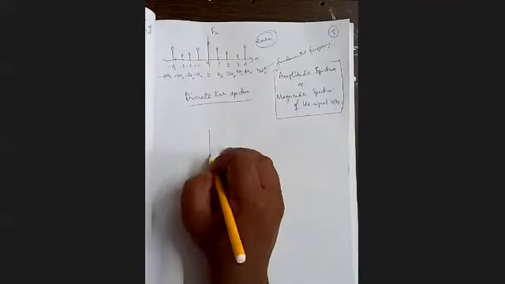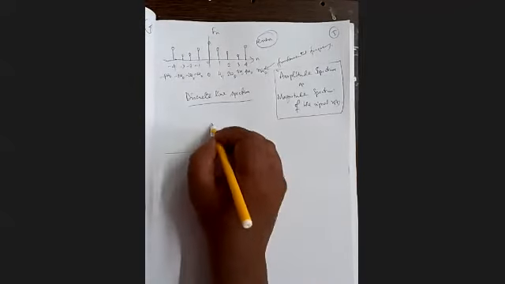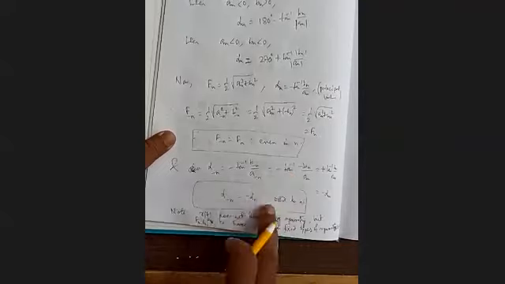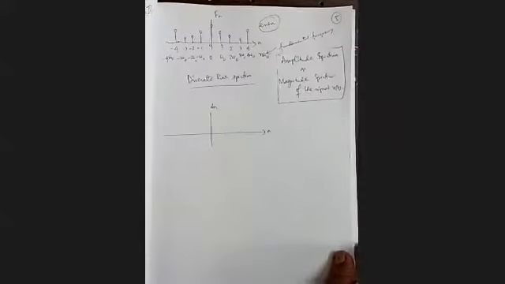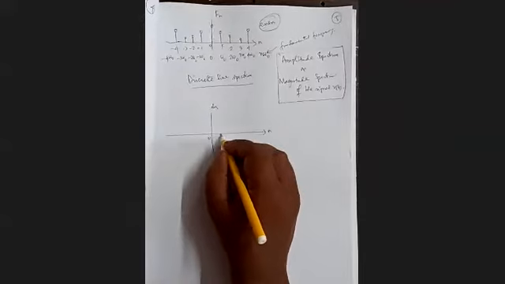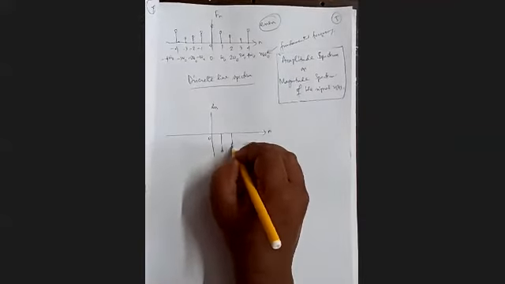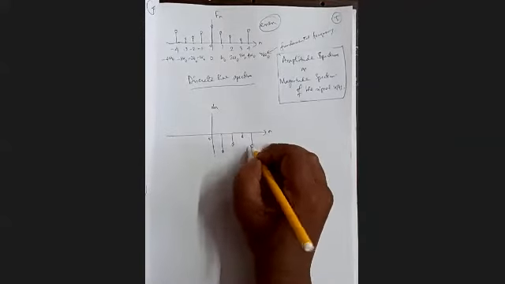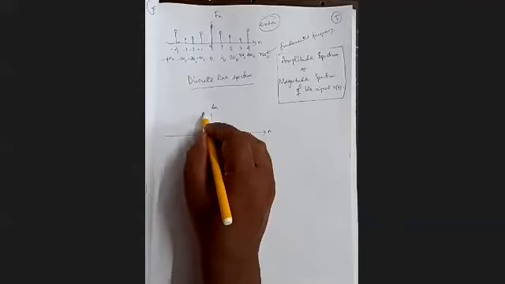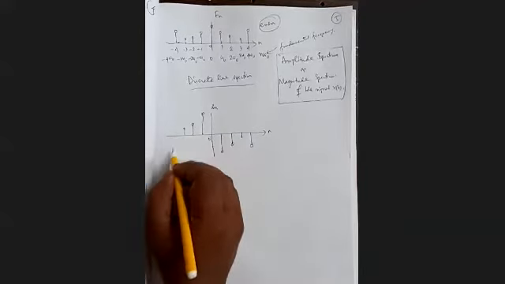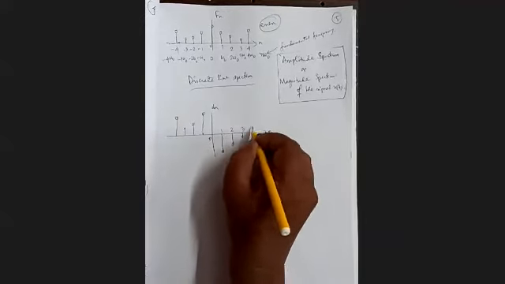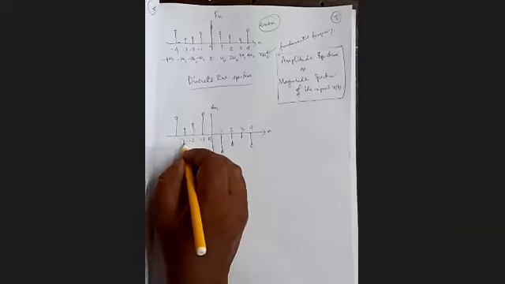Now, if we plot alpha n versus n, what will we get? Alpha n is always an odd function. So Fn is always even and alpha n is always odd. So its nature will be something like this, arbitrarily drawn, obviously. So 0, 1, 2, 3, 4, -1, -2, -3, -4.